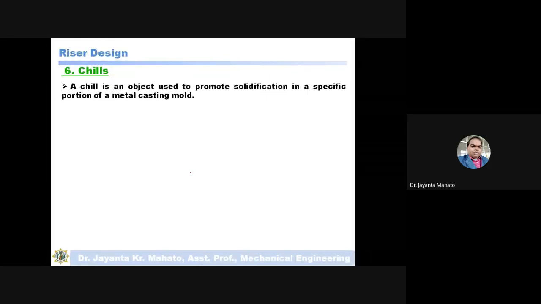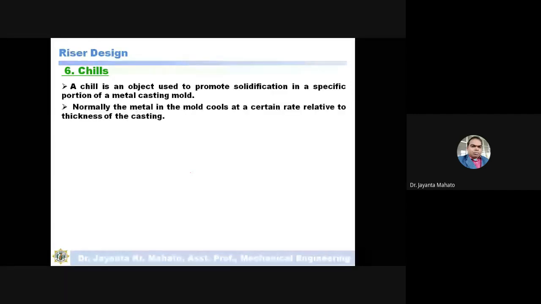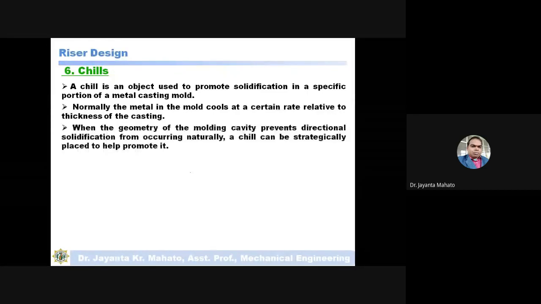Normally the metal in the mold cools at a certain rate relative to the thickness of the casting, and the geometry of the mold cavity prevents directional solidification from occurring naturally. A chill can be strategically placed to help promote it.